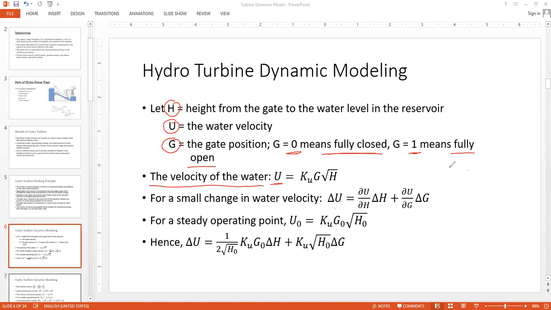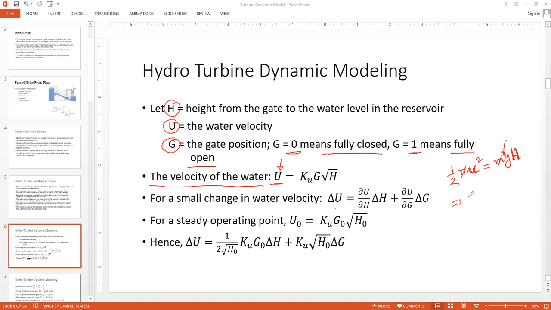Of course, the velocity of water is related to the kinetic energy available in the water, and let's say that is half m v squared, because we are using U, so let's make it half m U squared. This is the kinetic energy of the water, and that is only available from the stored potential energy in the reservoir, mgH. And if we neglect any friction loss along the way, you can equate both of them. Then you can cancel out m, and remember this is the gravitational acceleration g.